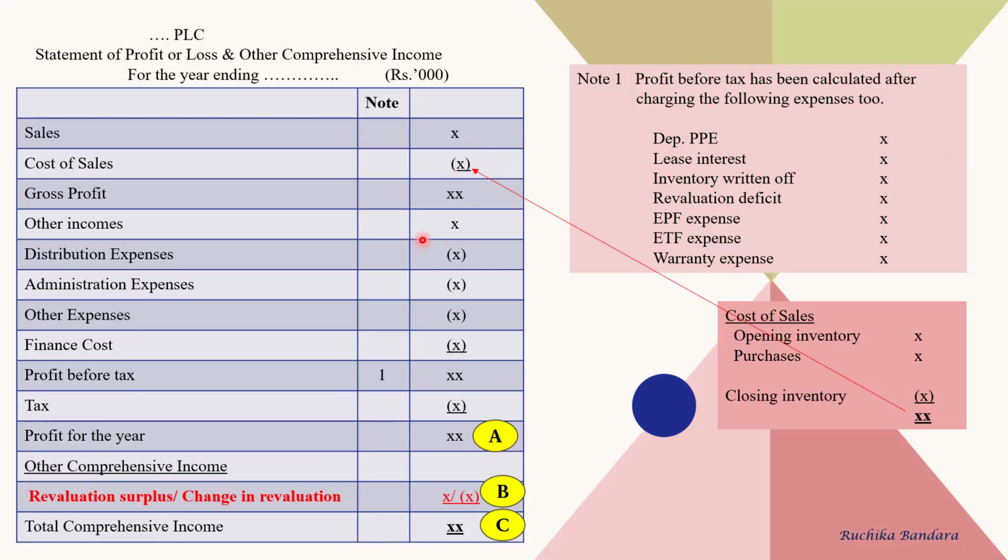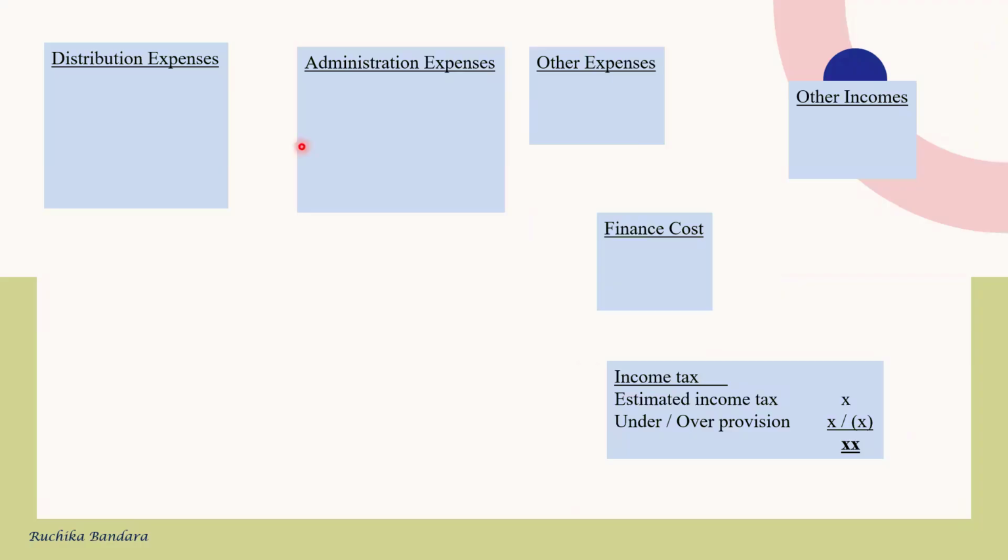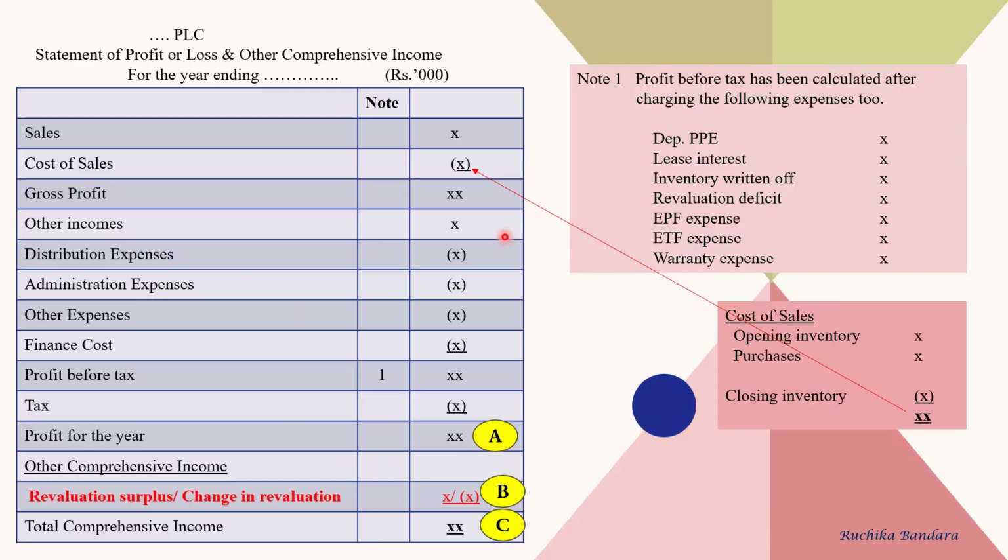Then other incomes, distribution, administration, other expenses, and finance cost, you have to do as workings. So under each and every category, you are writing all the entries relevant for that expense, and the ultimate value only you can transfer into the format.